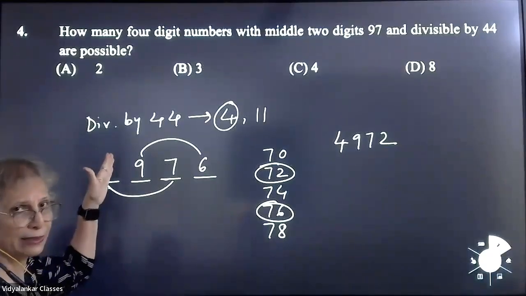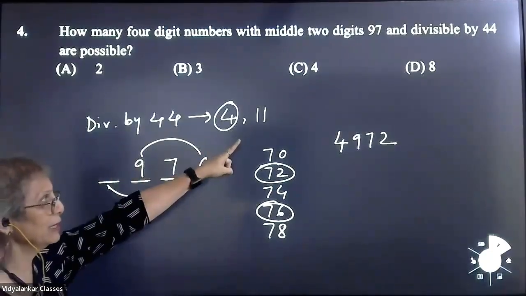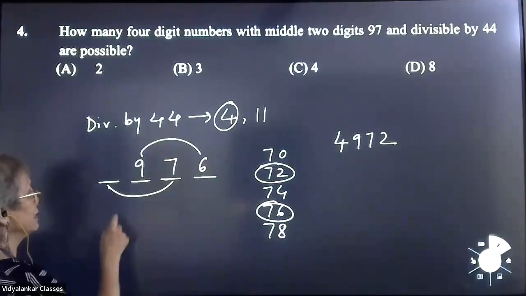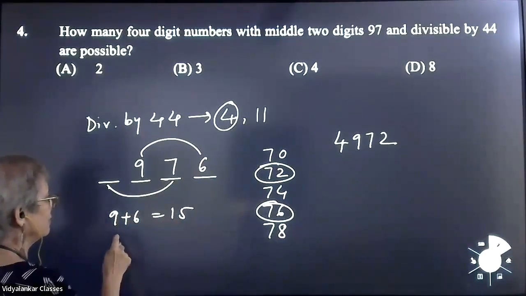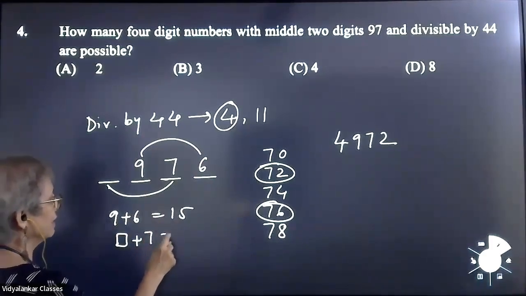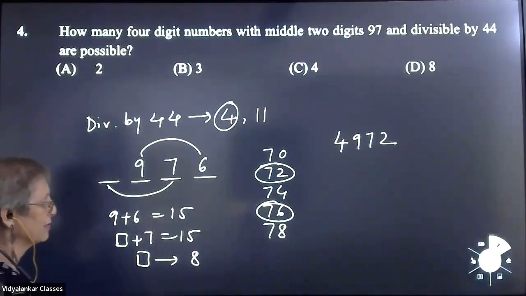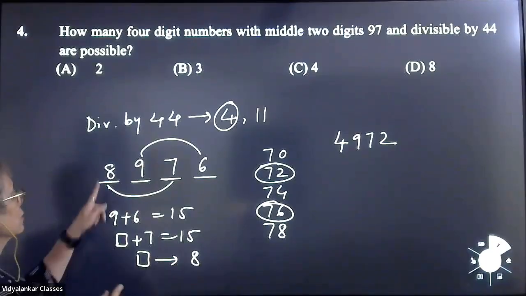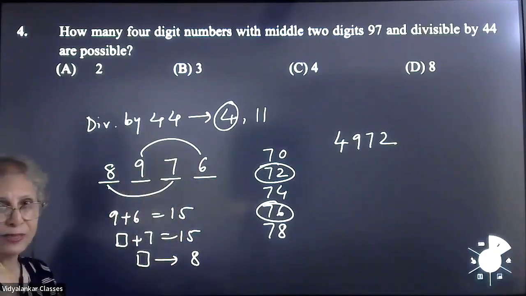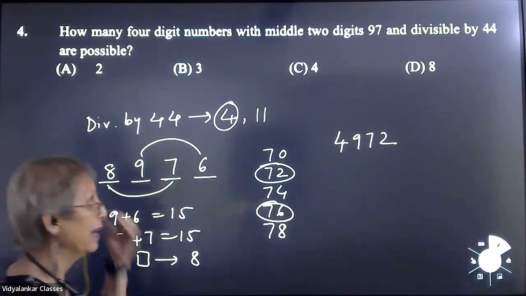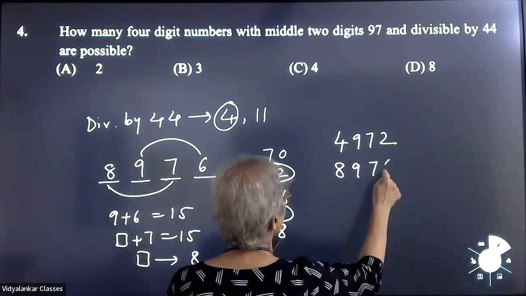Here I can put any digit, it will be divisible by 4, but now what we want is 11. So let us add alternate digits. 9 plus 6 equal to 15, and therefore dash plus 7 equal to 15, and therefore this box is 8. So 8 plus 7, 15, 9 plus 6, 15, 15 minus 15, 0, right? And therefore our next number is 8, 9, 7, and 6.